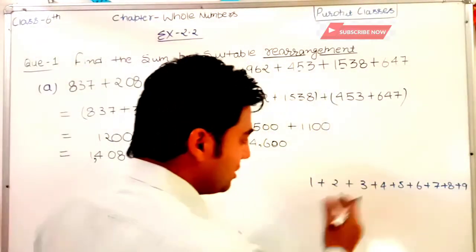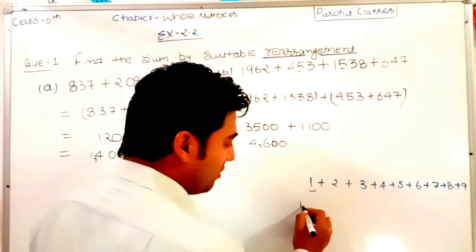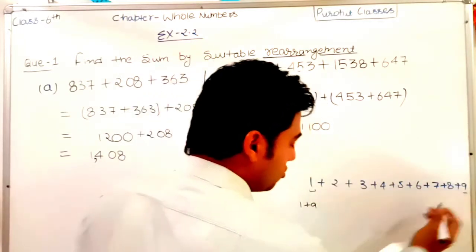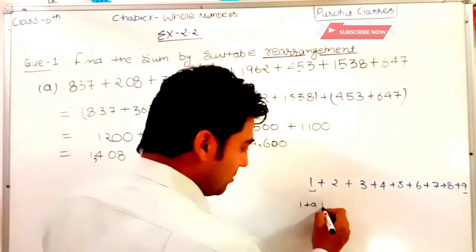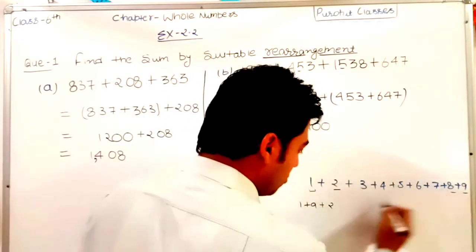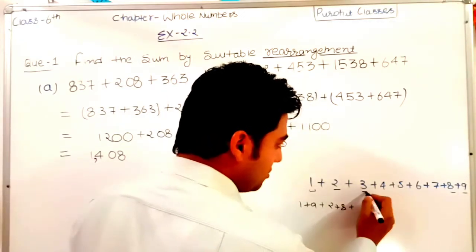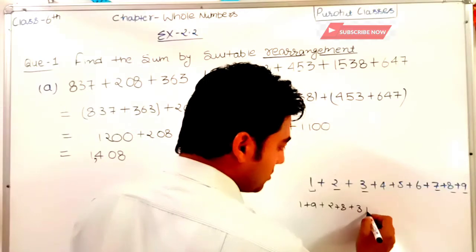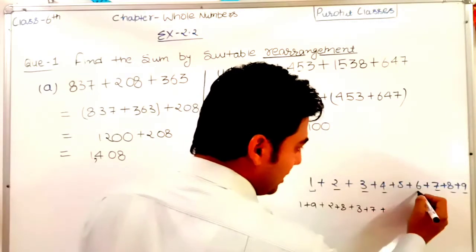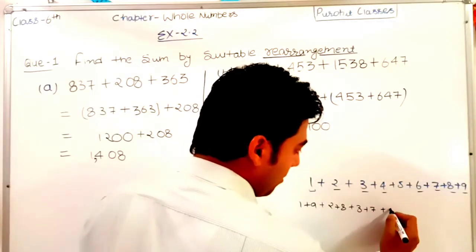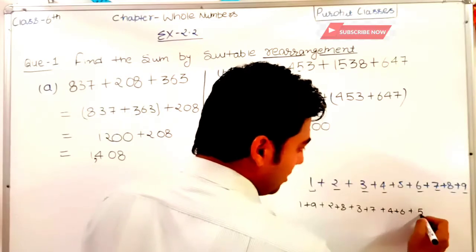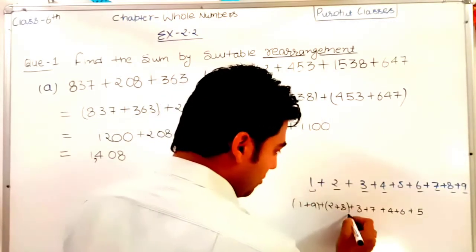If we use rearrangement, then we add 1 plus 9 together, because it makes 10. Similarly, 2 and 8 together, plus 3 and 7 together, plus 4 and 6 together, and plus 5 alone. What will be the benefit?